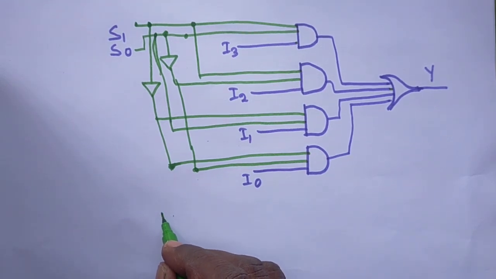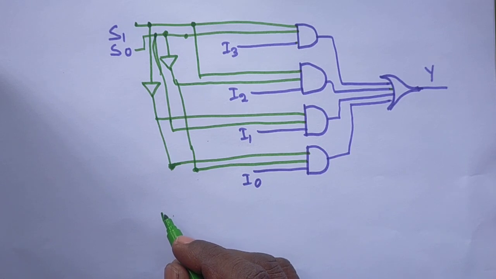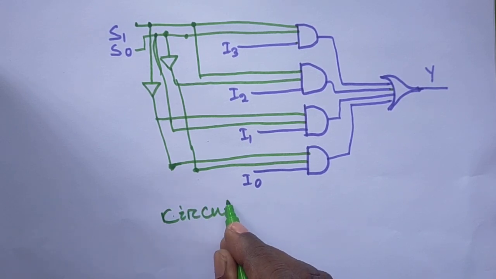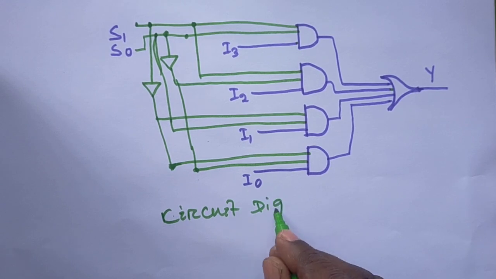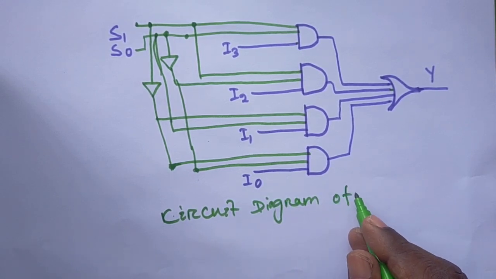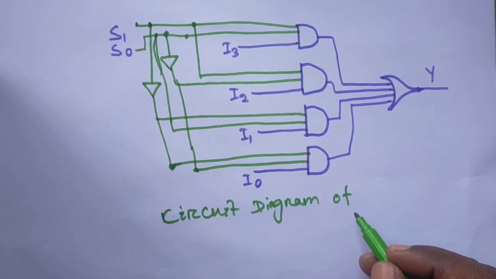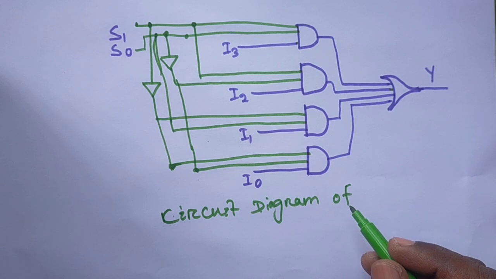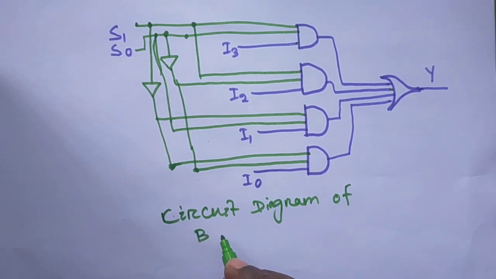So here is a circuit, that is a logical circuit. Circuit diagram we can write: circuit diagram of a Boolean function.